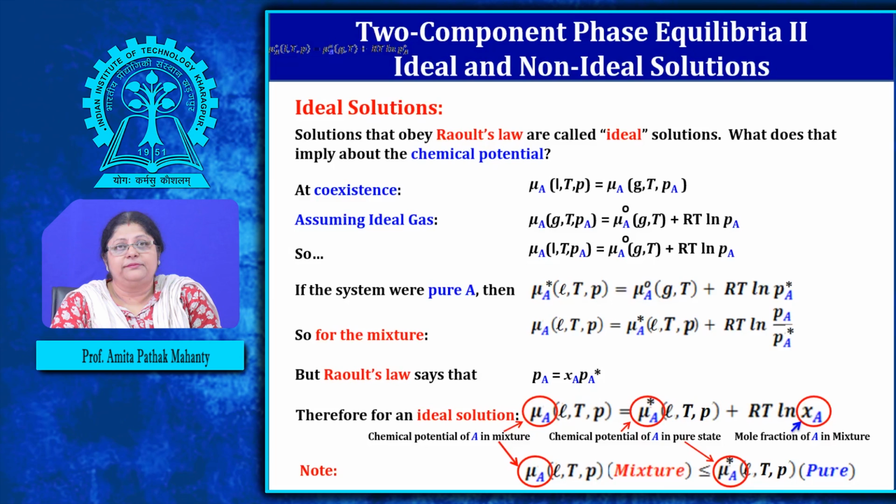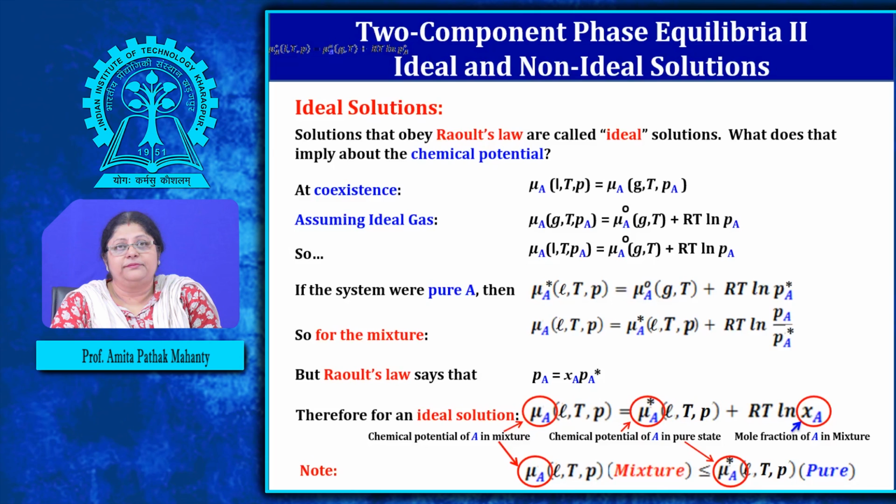This is the first criterion we have to establish, the coexistence or equilibrium between the species in the two phases, liquid and gas. And assuming ideal gas behavior, the chemical potential of that species in the gas phase will be equal to the chemical potential in the standard state plus RT ln, the partial pressure of the component A.